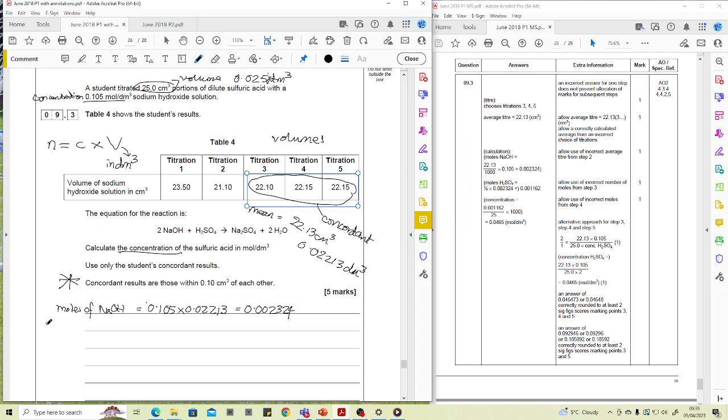Okay, 2 moles of NaOH react with 1 mole of H2SO4. So moles of H2SO4 equals 0.00161162.